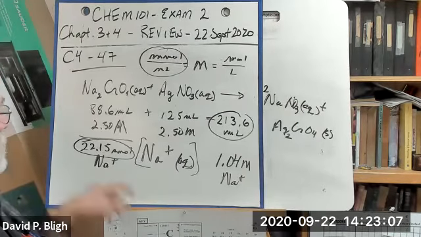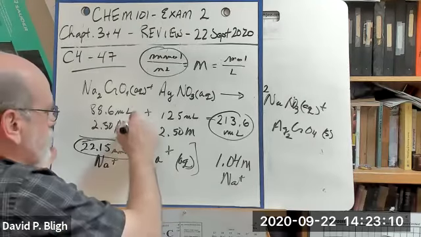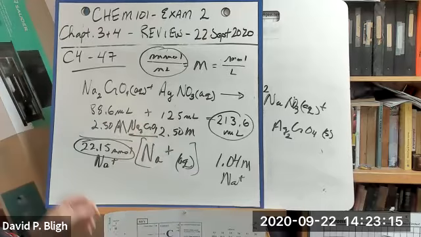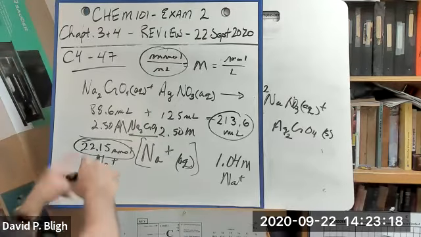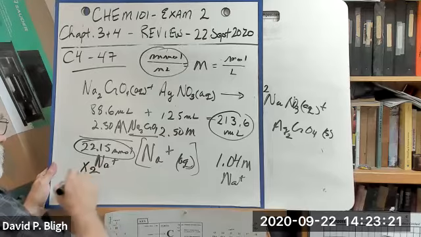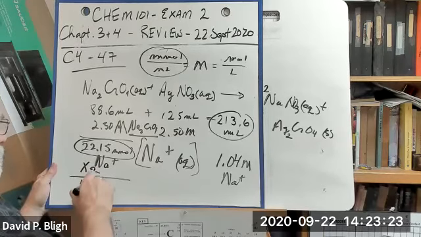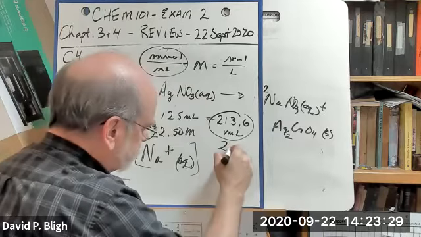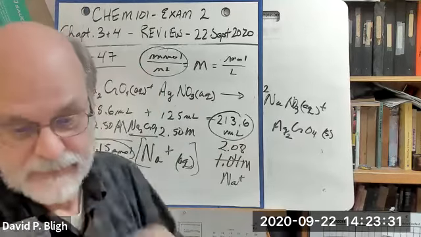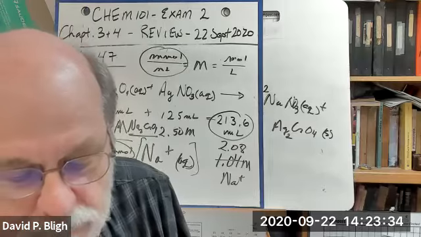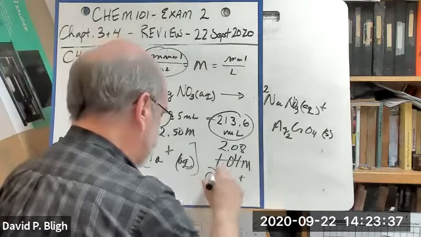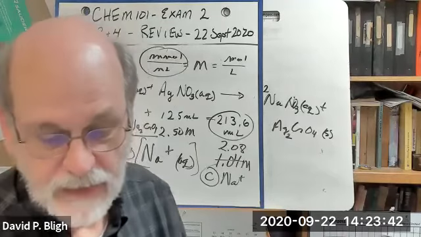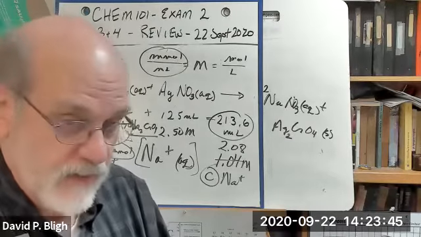I didn't take into account, this is the molarity of sodium chromate. What's the molarity of sodium ions? Twice that. Okay, so that's C. And this is one of those problems that has the wrong answer in it.